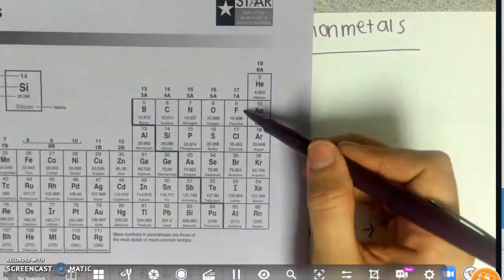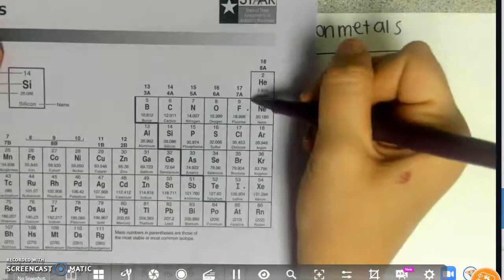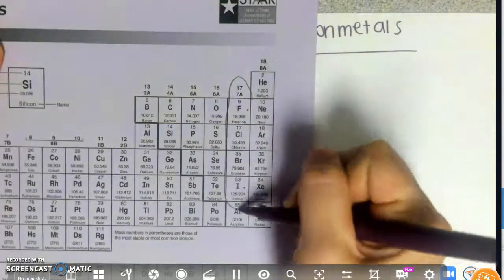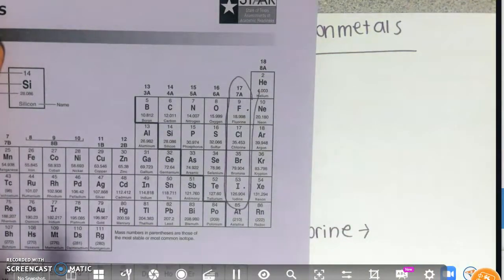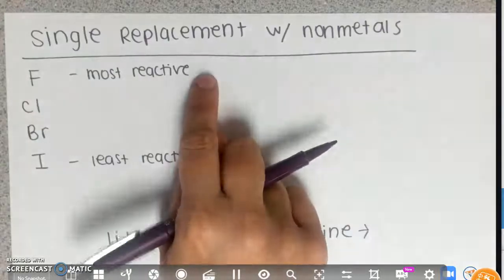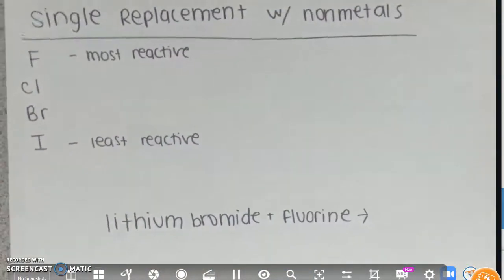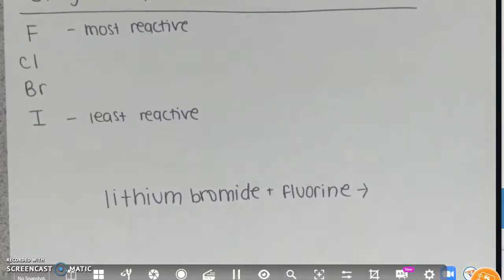So fluorine is the most reactive, iodine is the least, and you're only ever going to see it with this column, not with the other columns. We don't care about the other columns. So fluorine's the most, down to iodine is the least. But these reactions still follow the same rule. The element that's by itself has to be higher, or more reactive, than the element that it wants to replace.